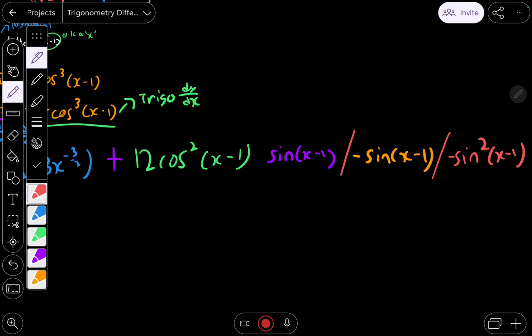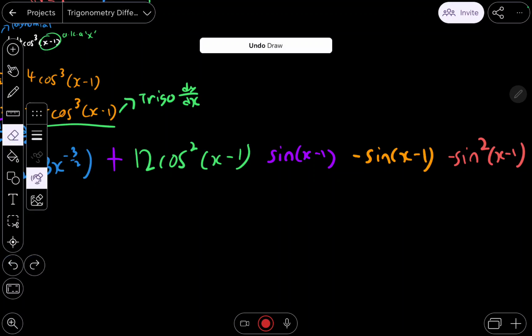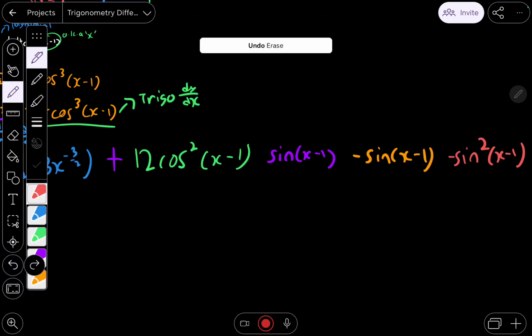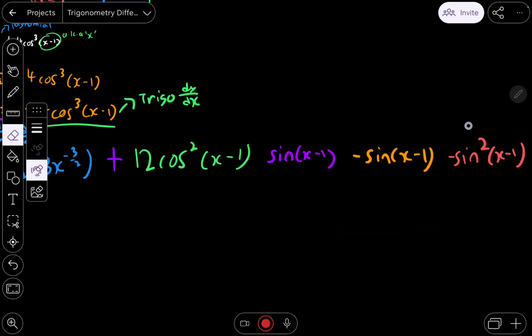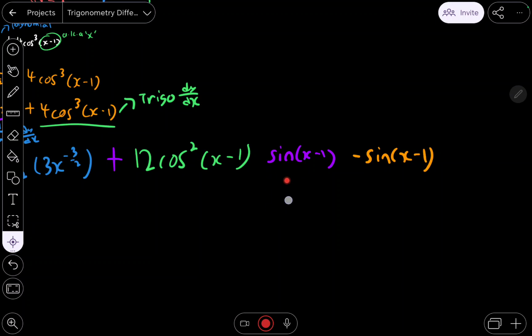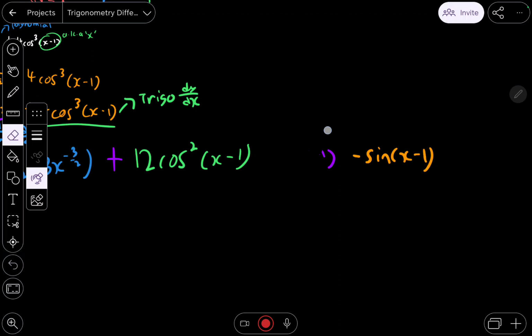Alright, between purple, orange, and red, which one is it? Answer is the orange one. Alright, remember, red is incorrect because there's the power number here, which I've said in trigo differentiation, we ignore powers. And why is purple wrong? Because of the negative sign. Because when you differentiate cosine, you get minus sine.